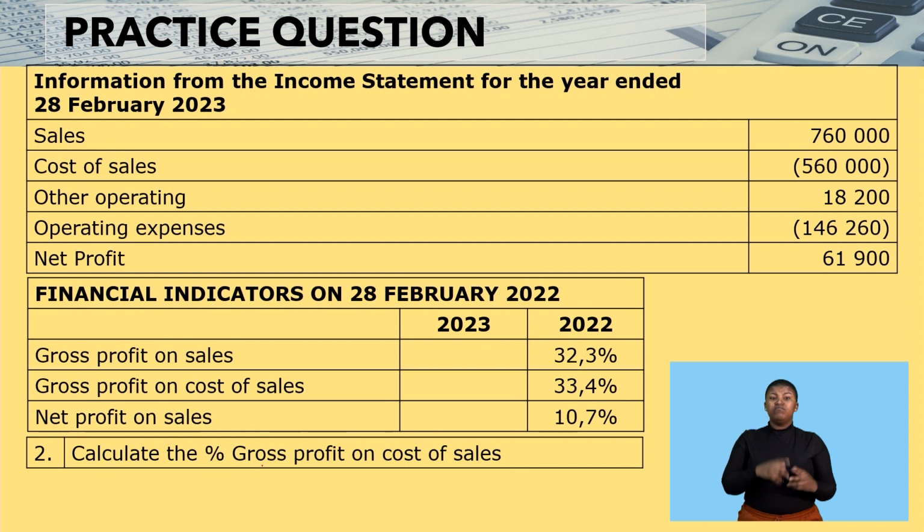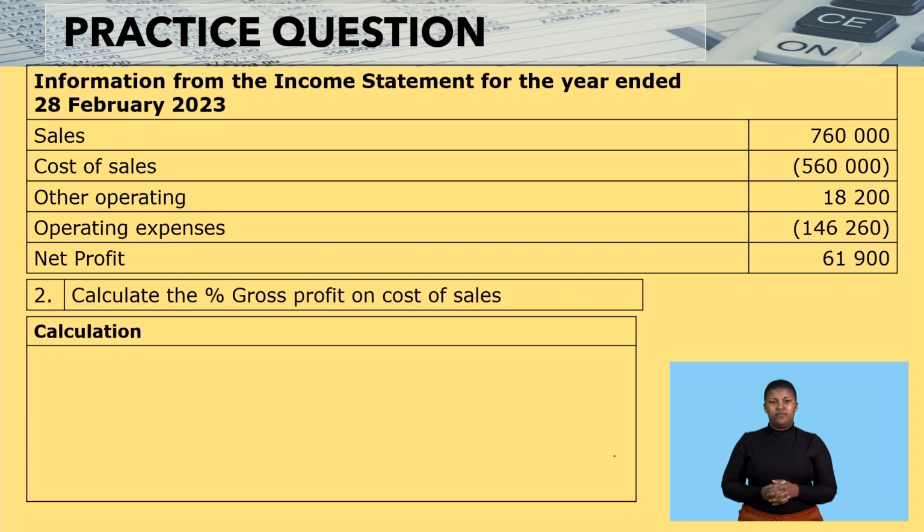Number two, calculate the percentage gross profit on cost of sales. We're talking markup percentage. The formula, remember, is your gross profit. In this case, we don't have the gross profit. How do we get gross profit? We will say my sales of 760,000 minus my cost of sales of 560,000.